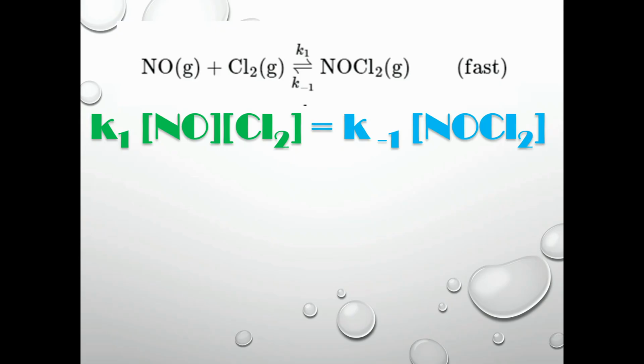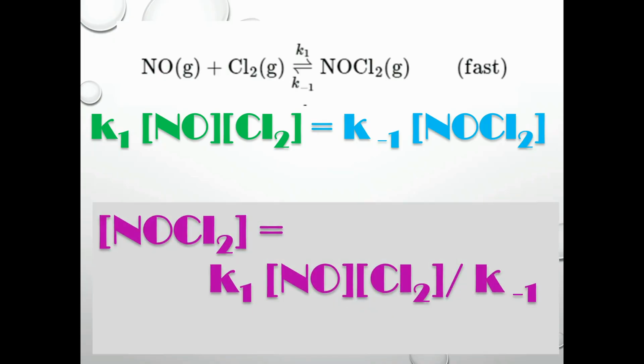Now, I know what the concentration is of my intermediate with respect to reactants that I know the concentrations of. So the concentration of my intermediate is k1 times [NO] times [Cl2] divided by k-1, and k1 over k-1 can just become a single K value.